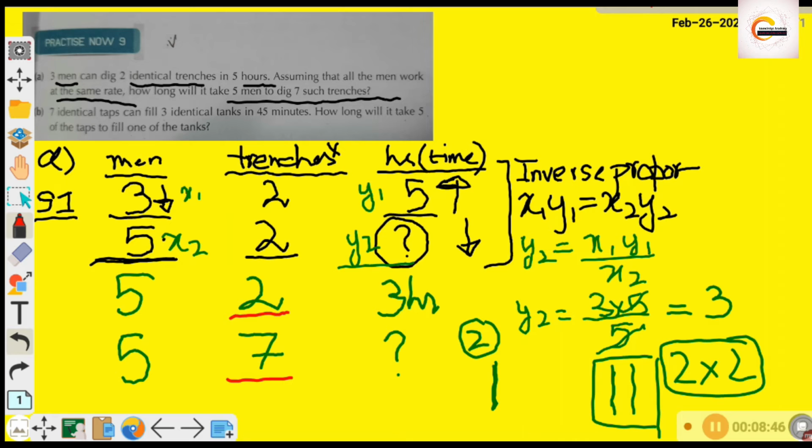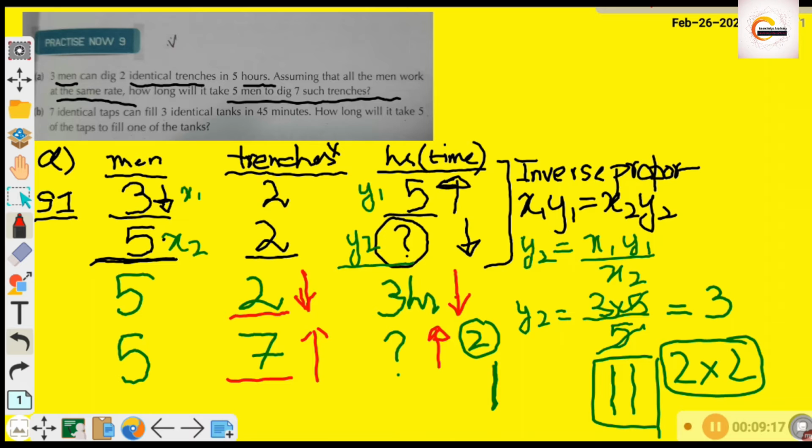If they dig 2 trenches, they will take less time, and if they have to dig more trenches, of course these 5 men will take more time. So, fewer trenches means less time, and more trenches means more time.